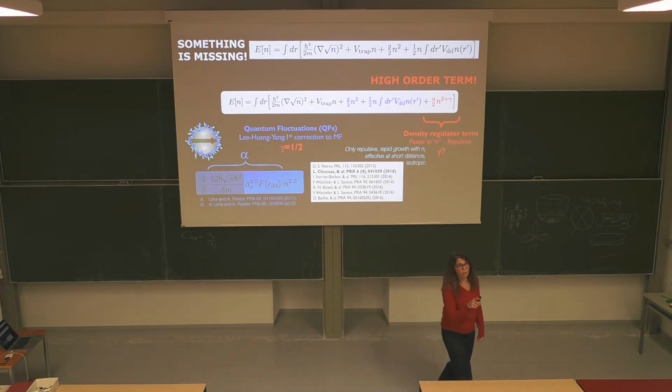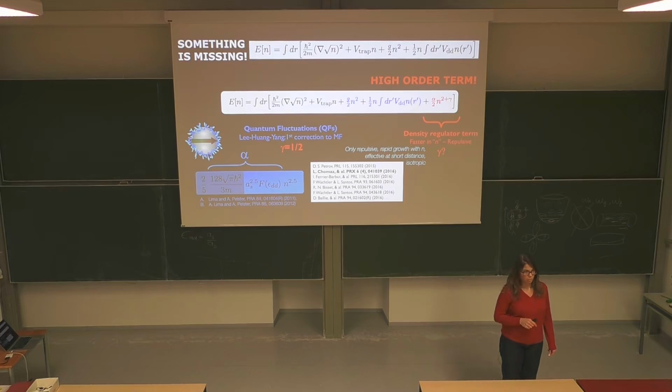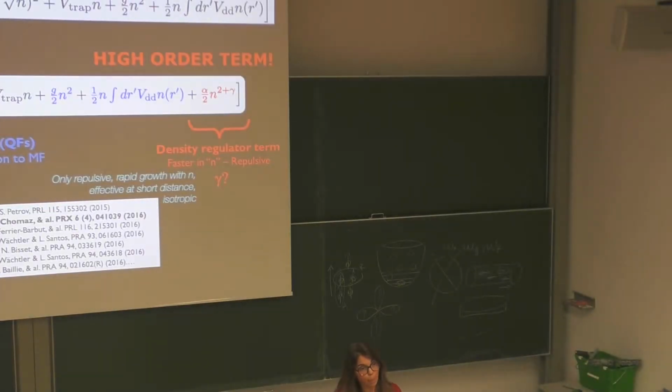Let's say in time, you mean, yeah, exactly. On a long time scale, the three-body loss will depopulate the Bose-Einstein condensate. But if you do this experiment, you can find the sweet spot.